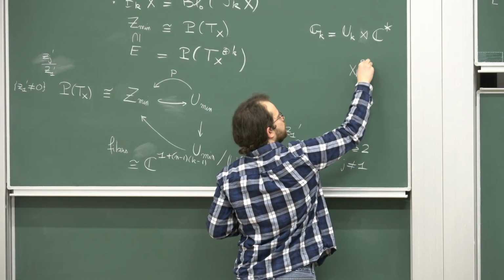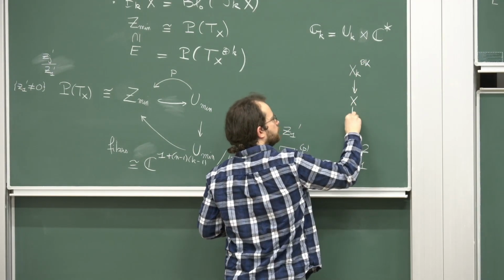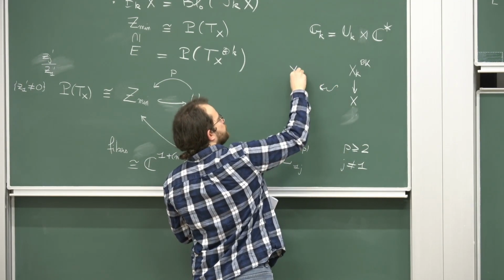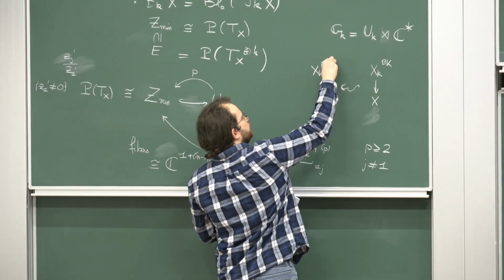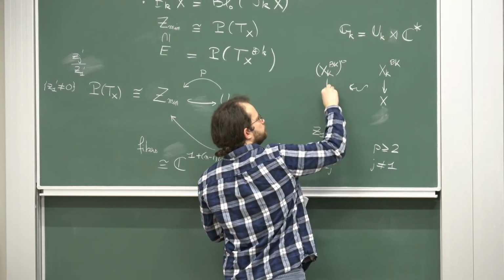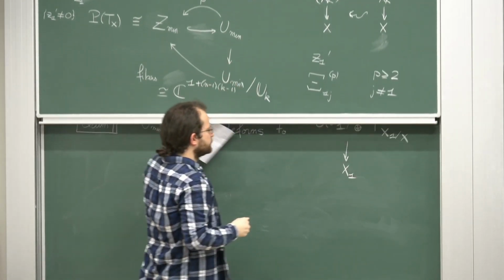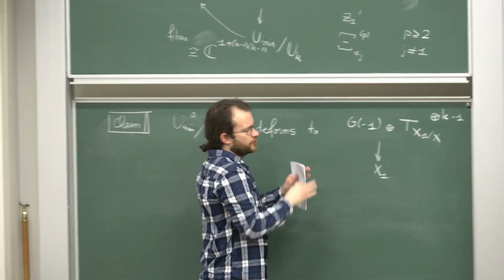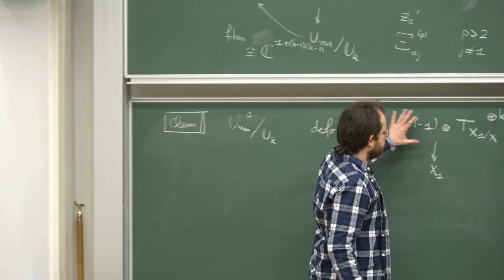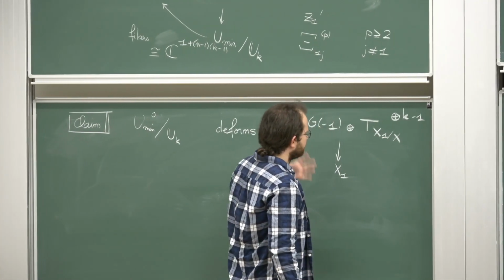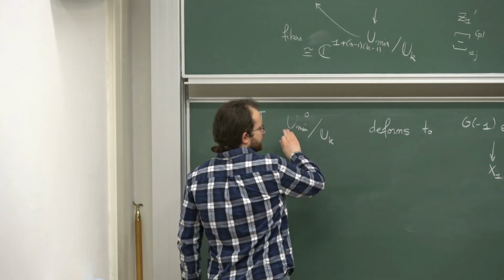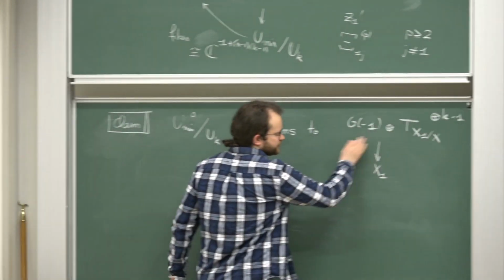XK BK, deforming it into something which I will call XK BK, maybe not. And here I'm trying to do a new deformation on that new space, something which is somehow described in even more linearized terms. And to do that, I claim that this X naught divided by UK deforms to that space.